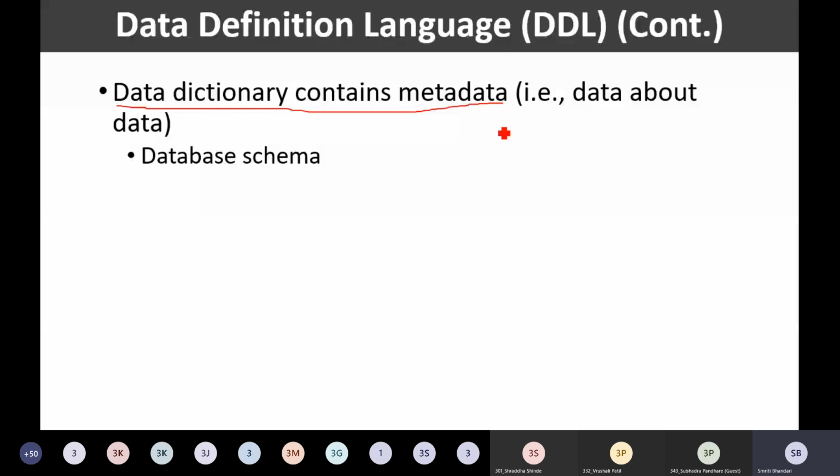Metadata, you might have heard about this term. Metadata is data about data.